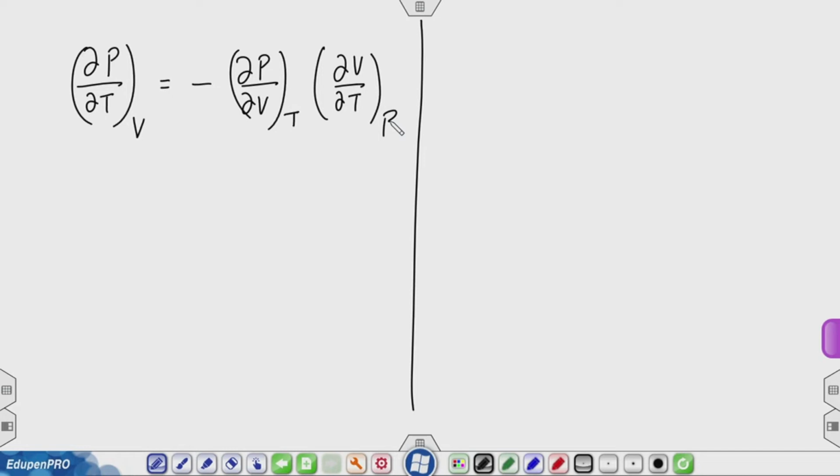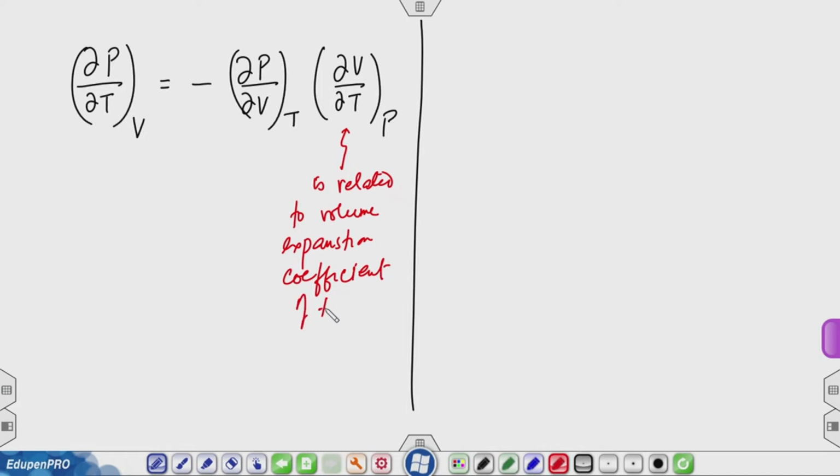And I'm writing it in this particular way because this is related to the volume expansion coefficient of the gas.